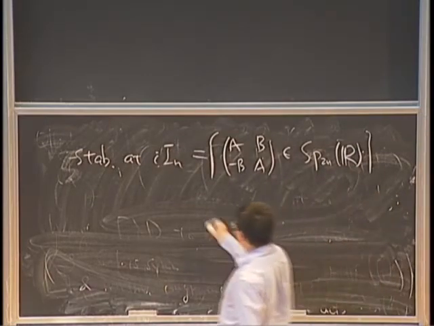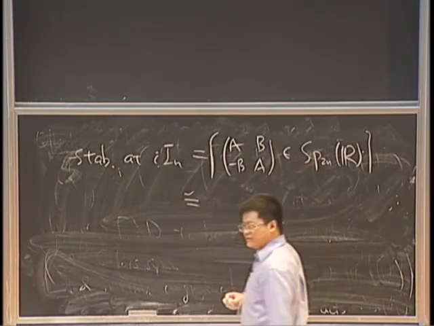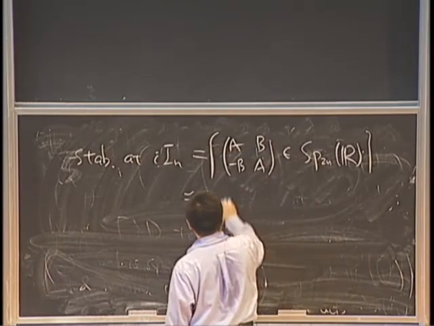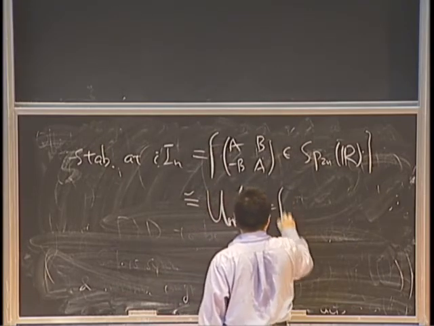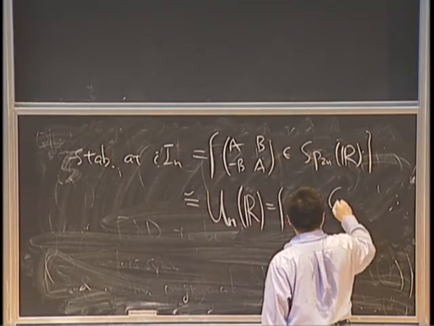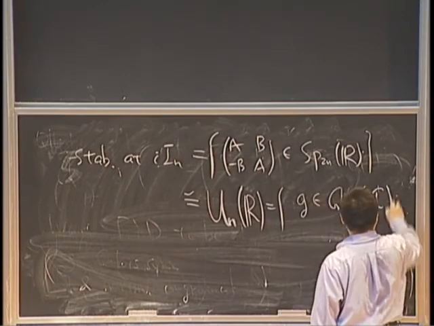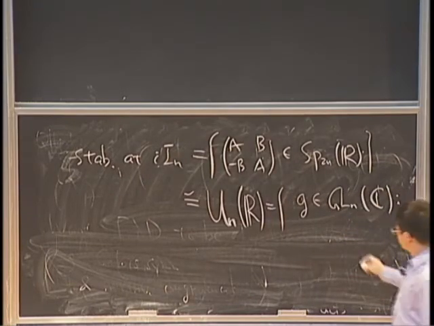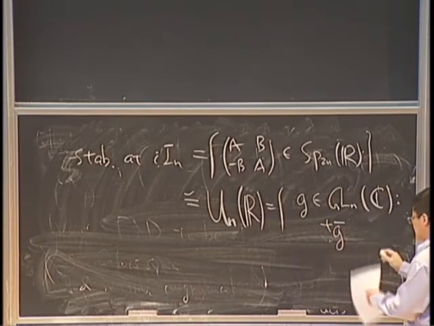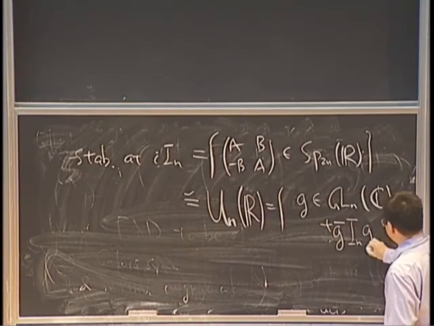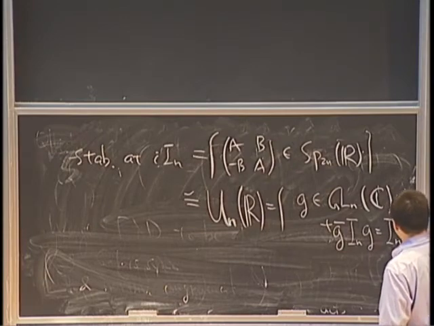But in fact, this is isomorphic to another group I have not yet introduced, which is a unitary group of size n. Well, I put it this way, but in fact, this is all the complex matrices which preserve a Hermitian pairing. This looks redundant, but I'm going to put IN here to emphasize that we're actually preserving something.